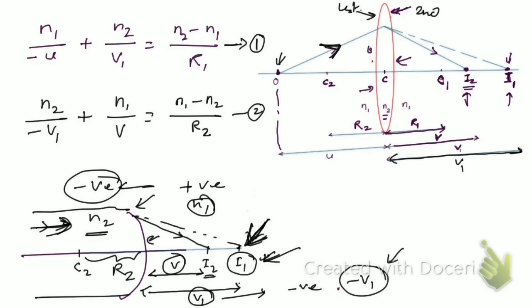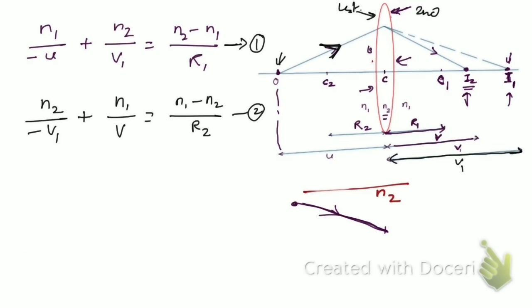Okay, so let me clean these things. So what we're gonna do now is add these two equations, right? That's very simple. Just adding equation number 1 and equation number 2. If you add these two equations, then on the left hand side, from the first equation we're gonna get this left hand side, then plus from equation number 2 we're gonna get this, right?